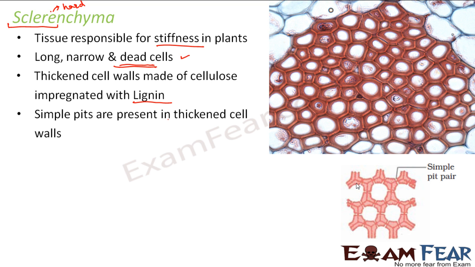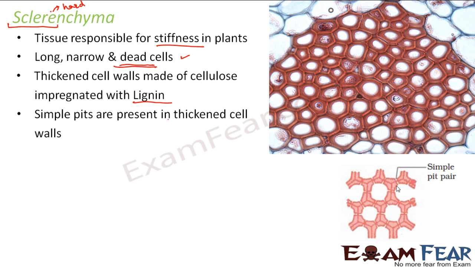If you look at this figure, you will understand what simple pits are. Here, these are the cells, and this pink colored structure is the cell walls, the thick and hard cell walls. Even in the cell walls, there is a small gap, a small canal-like structure. These structures are known as simple pits, and they help in the transportation of materials from one cell to another.